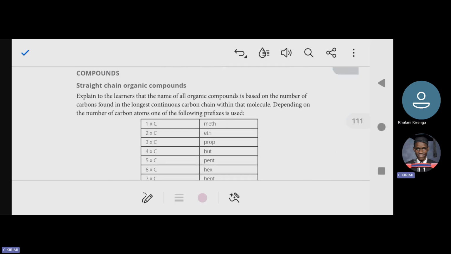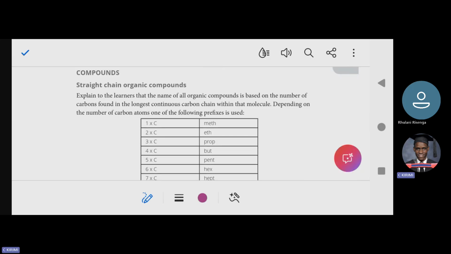Any question there? All right. In general, if there is 1 carbon, we call it meth. If there are 2, eth; we use the prefix depending on the number of carbon atoms. For 3, it's prop. 4, it's but.